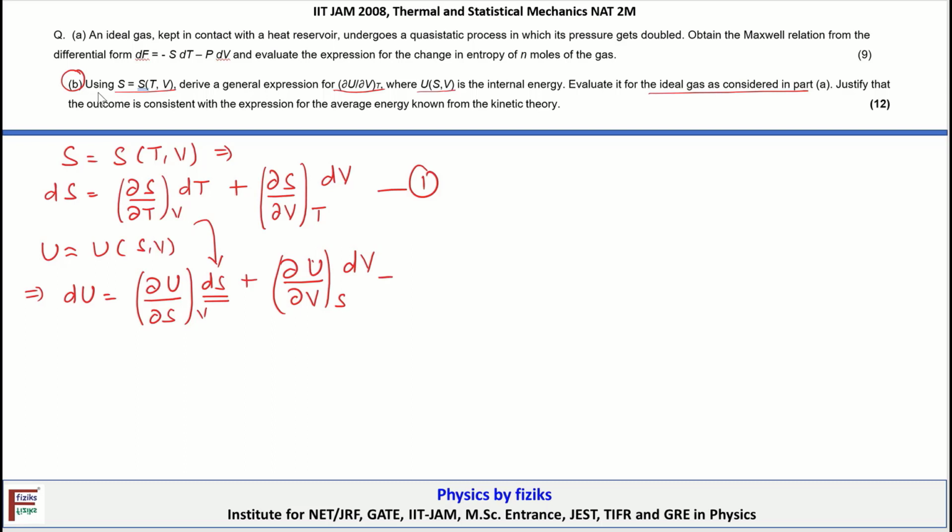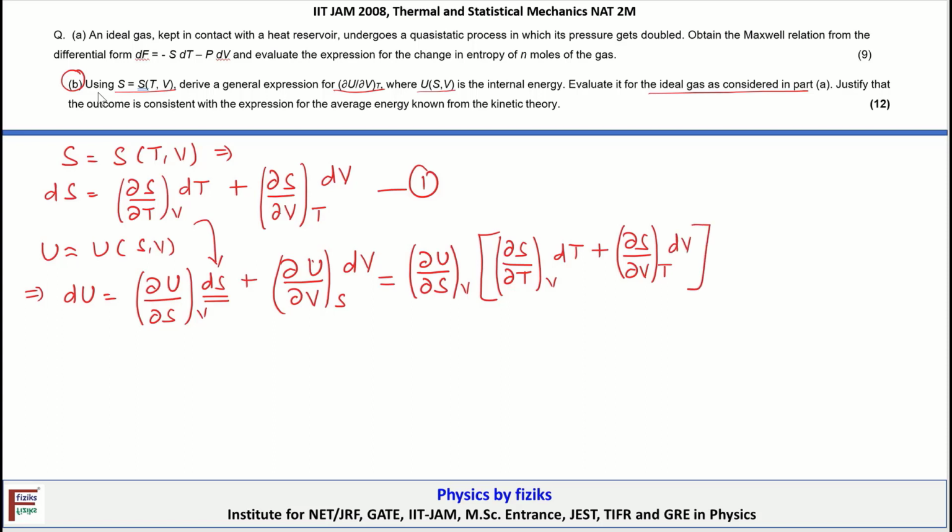So the first differential, (∂U/∂S) at constant volume, times the value of dS from equation 1, which is (∂S/∂T) at constant volume dT, plus the second term (∂S/∂V) at constant temperature multiplied by dV. Okay, now this term is complete.